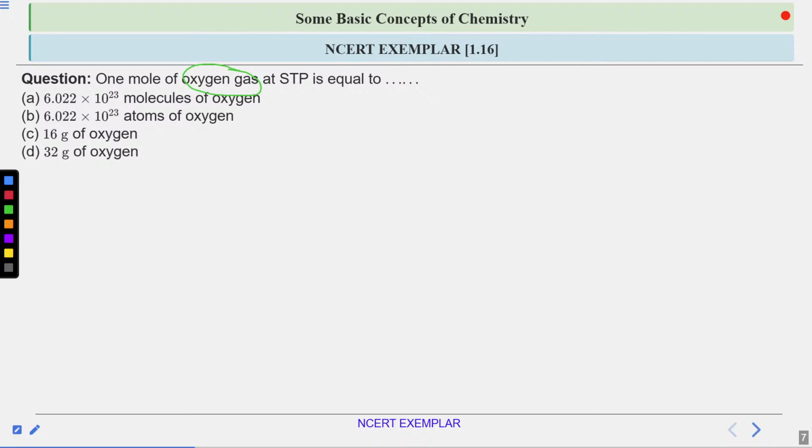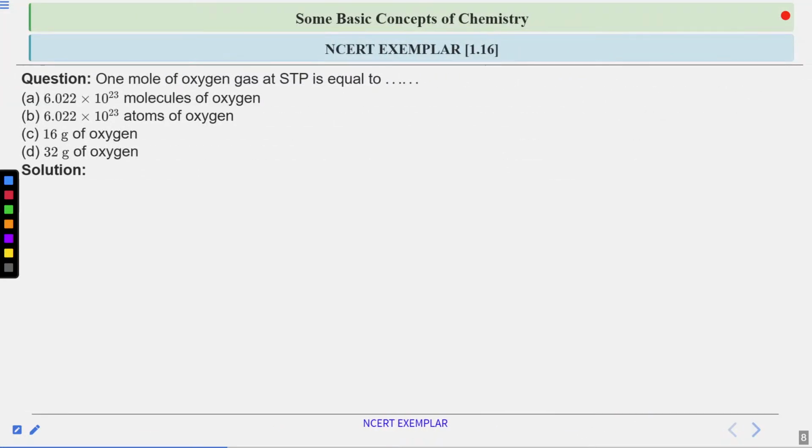It will always exist as a molecule. Clear? So if we are taking 1 mole of oxygen gas, that means we are taking 6.022 into 10 to the power 23 molecules of oxygen. So A and D is the most voted answer. Let's see what the correct answer is. The first answer is obvious. So let us consider the other one.